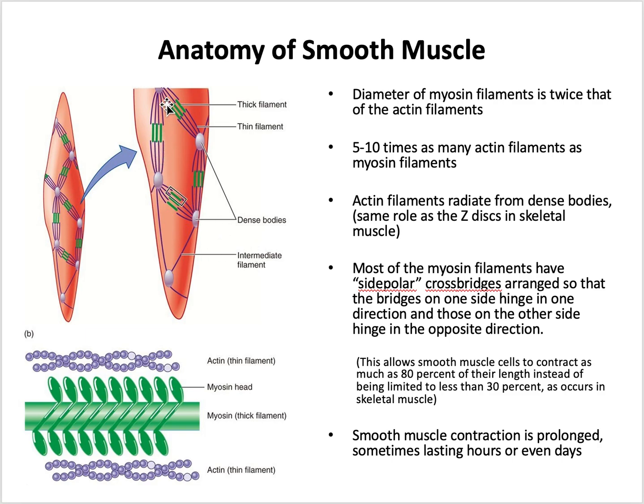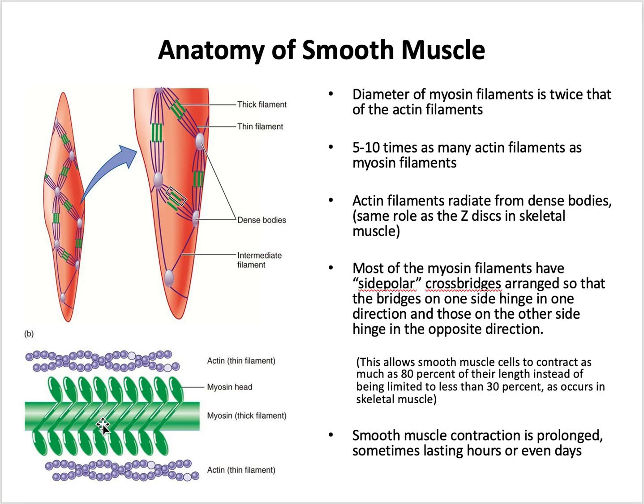So here we have actin filaments, which are the thin filaments, and myosin, which are the thick, and instead of being arranged in a sarcomere fashion, the actin filaments are anchored to protein structures called dense bodies, and these dense bodies are analogous to Z discs. So it's what these actin filaments are anchored to.